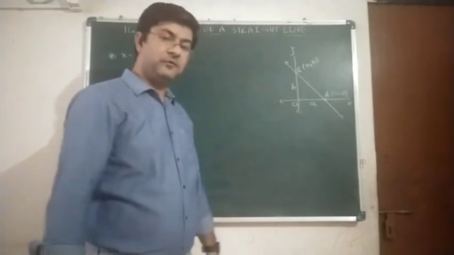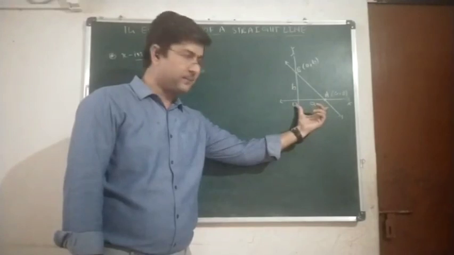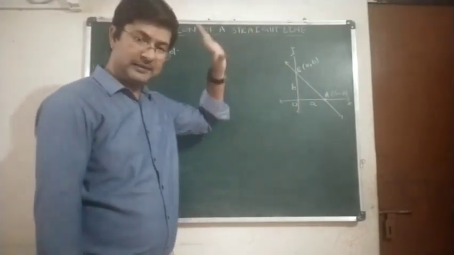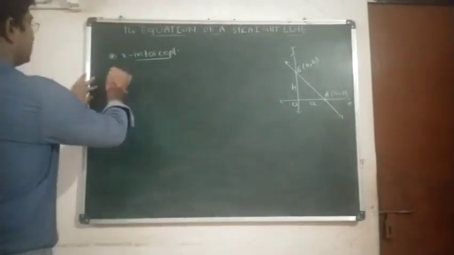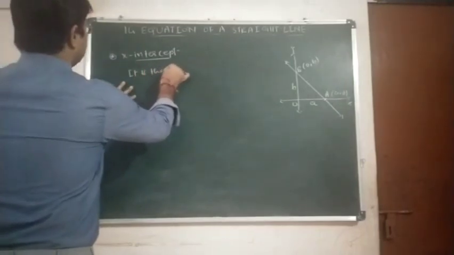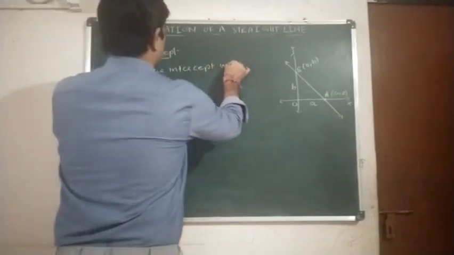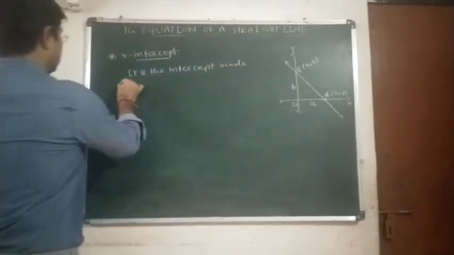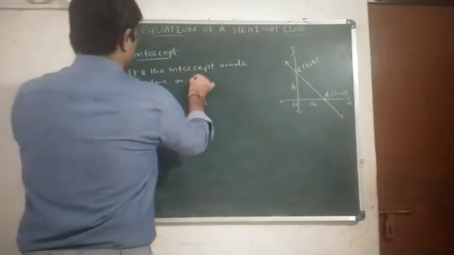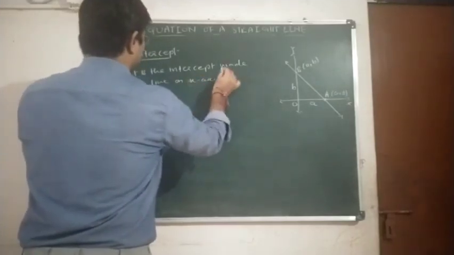Clear? So what is x-intercept? It is the intercept made by the line on the x-axis. And what is y-intercept? It is the intercept made by a line on the y-axis. So x-intercept is the intercept made by a line on the x-axis.